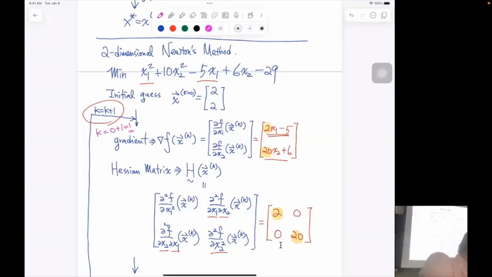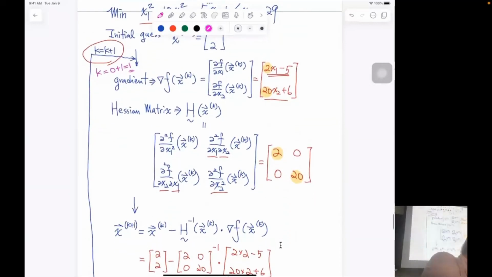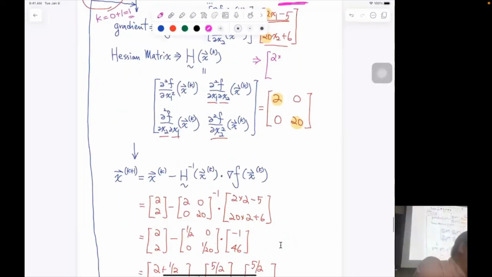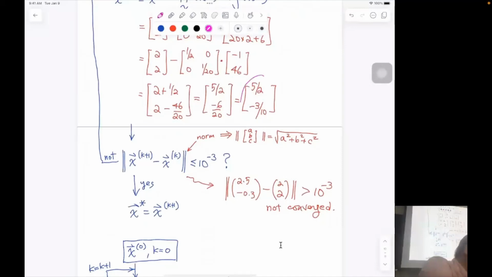So when I compute, I need to calculate the gradient vector. So I will have 2 times the x of k equals 1. I need this value. It's actually this guy, right? 2.5 and negative 0.3.